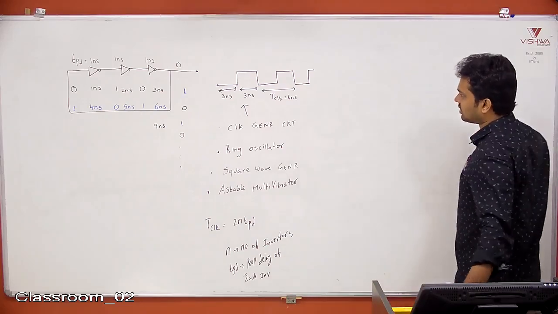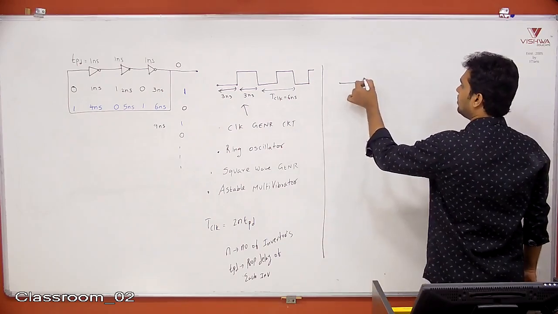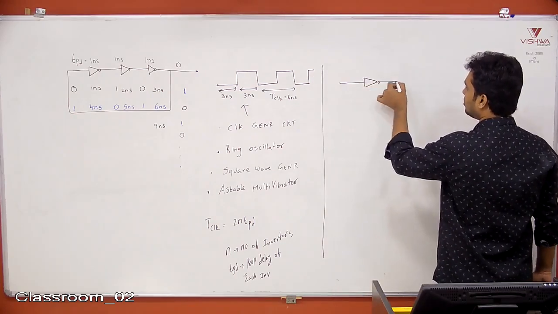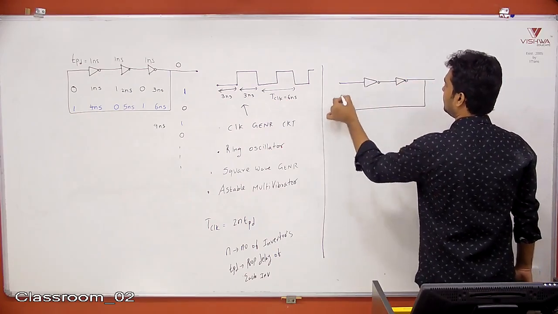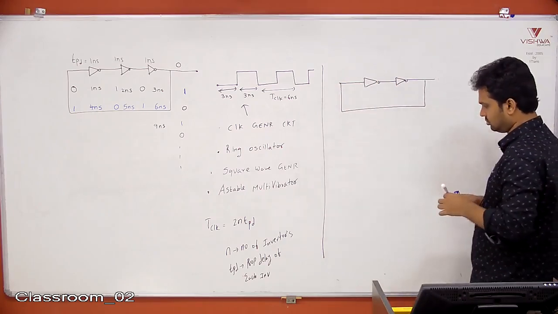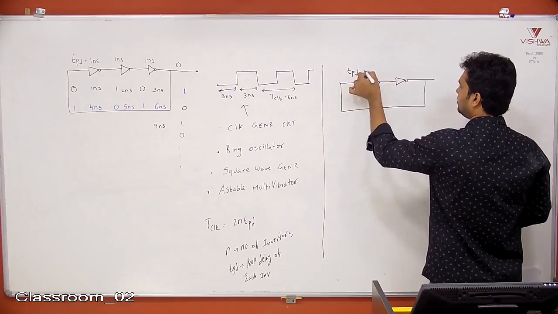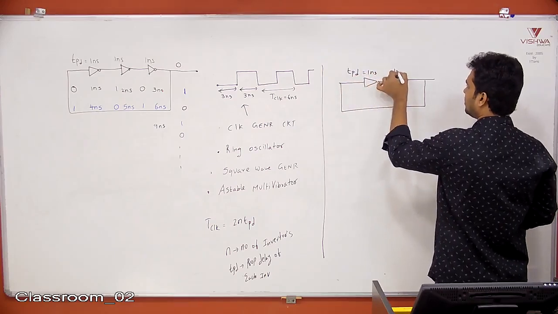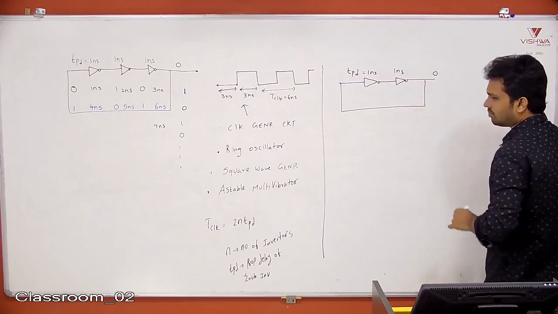You may have the doubt, sir, 3 I have connected. Let us see what happens if you connect 2 inverters in a loop. Here also take the same example of TPD equal to 1 nanosecond. Initially it is at 0, for example.